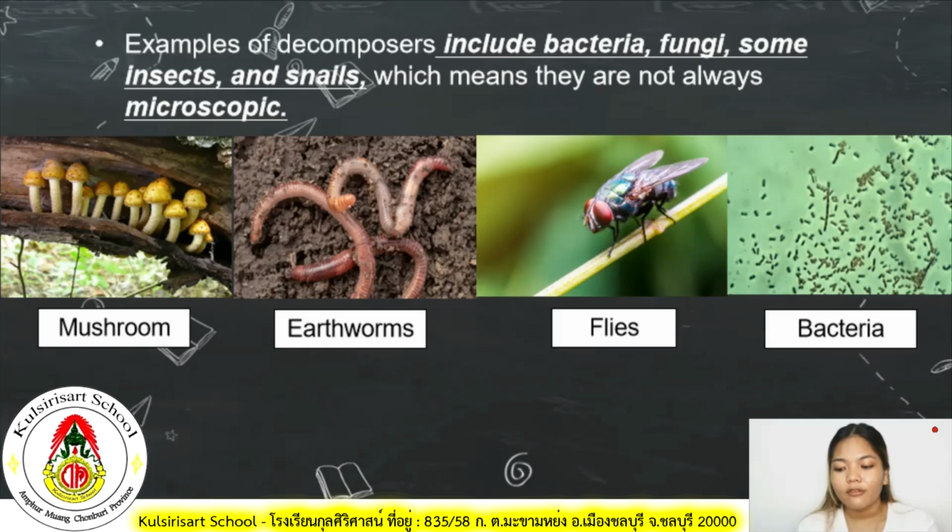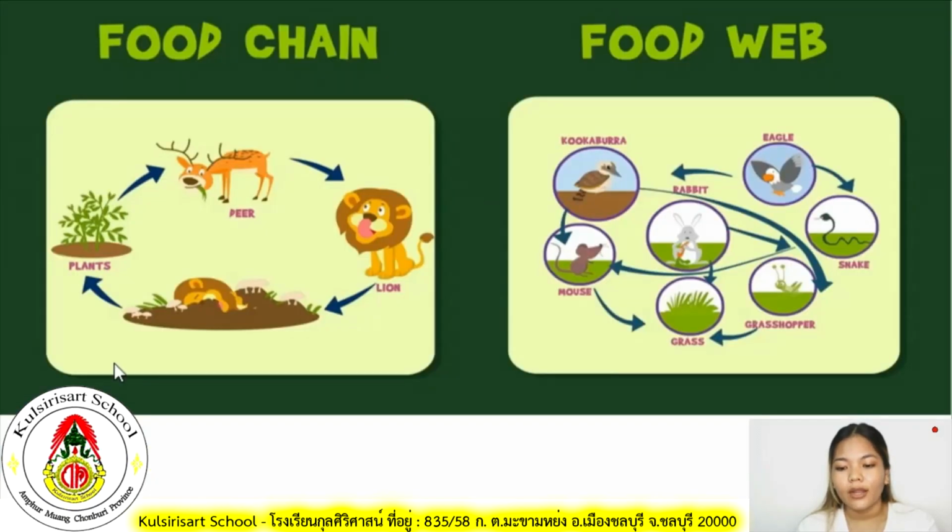So remember, if we will go back to our picture a while ago of a food chain, you can see in here that these are decomposer, okay? So, food chain starts with a producer, okay, which is the plant. We have there the deer, which eats the plant. Now, the deer is eaten by a lion.